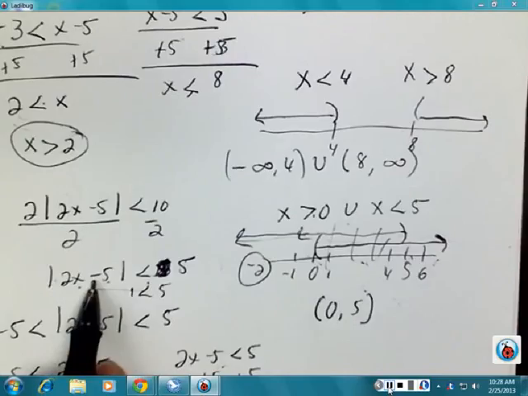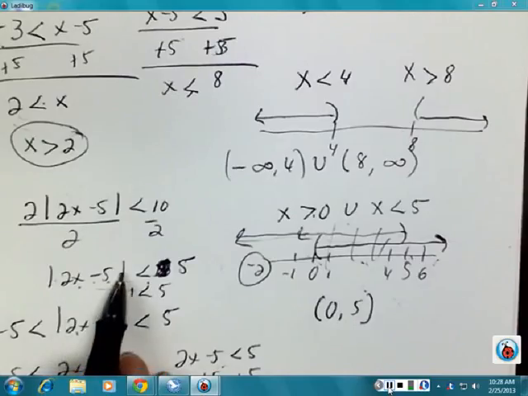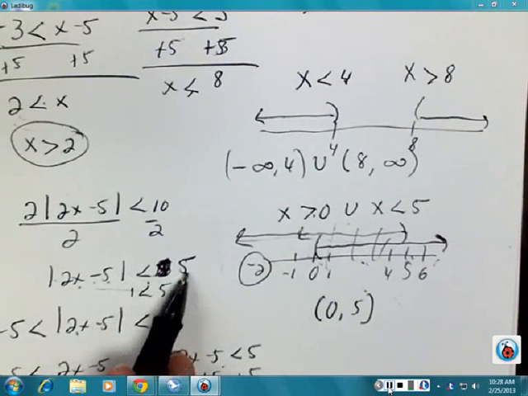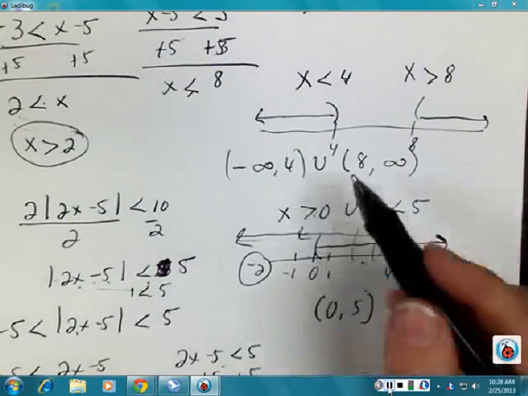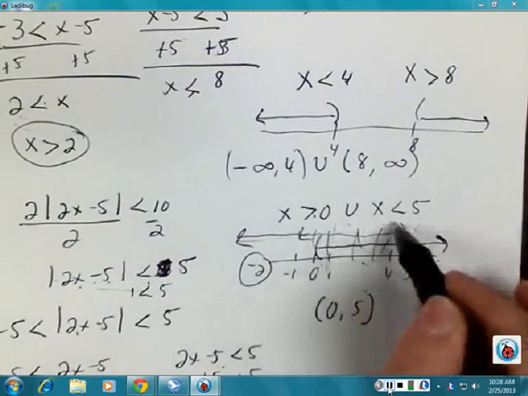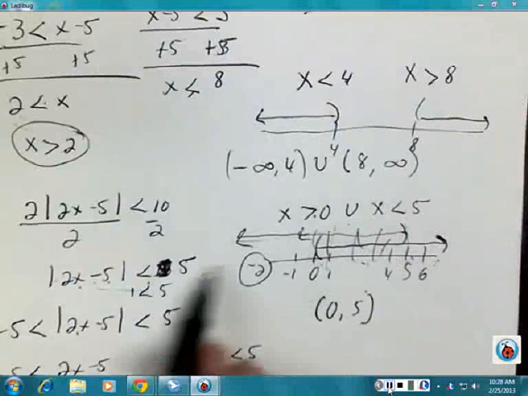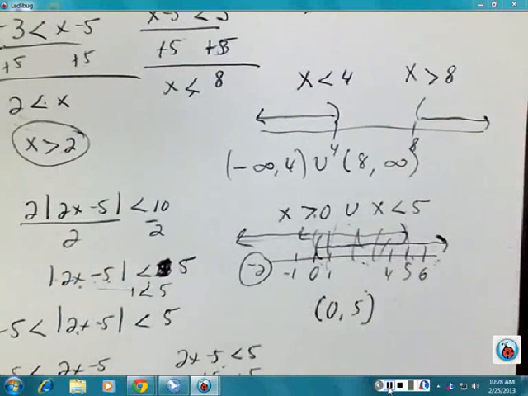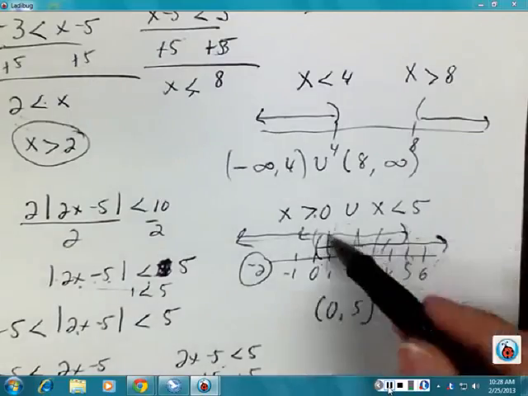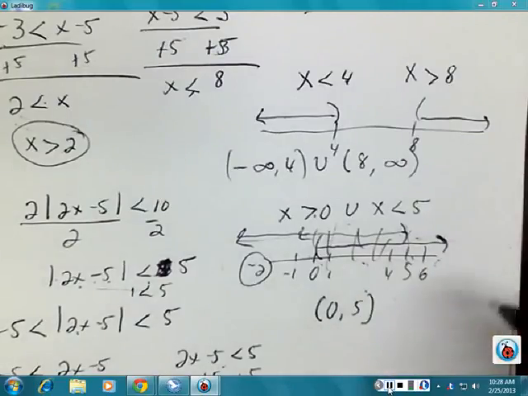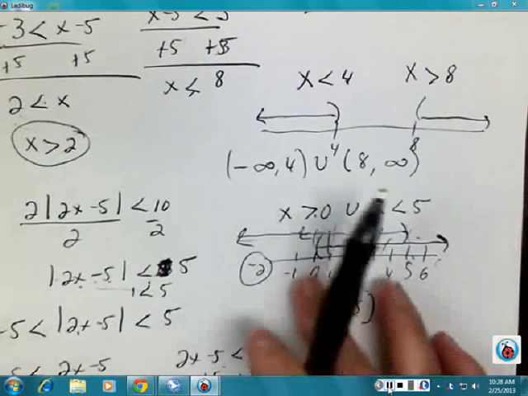The absolute of a negative 9 is a positive 9, and a positive 9 is not less than 5. Okay? So it limits me to only in between these two because that's the only piece that'll make that work. If I pick anything beyond where these two overlap at, it will not work for an answer. That's a good question to ask because that's what happens with it.